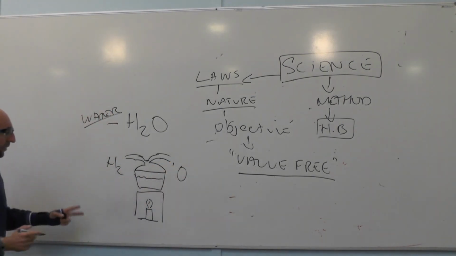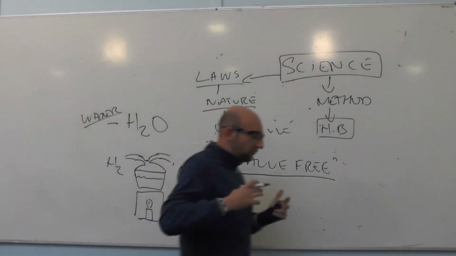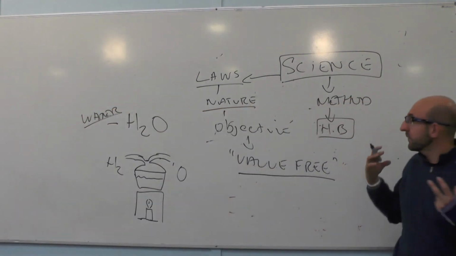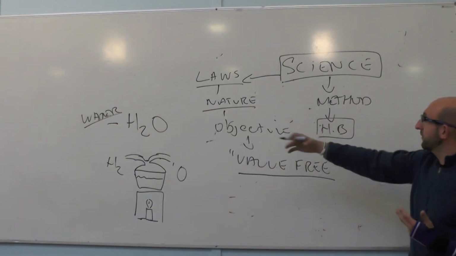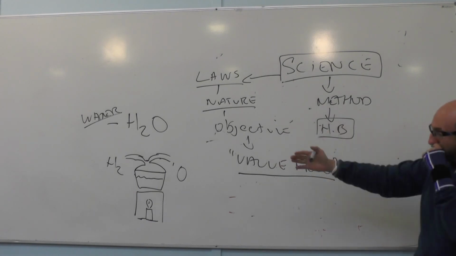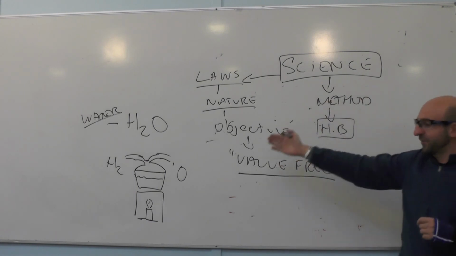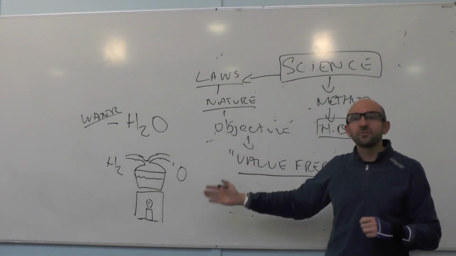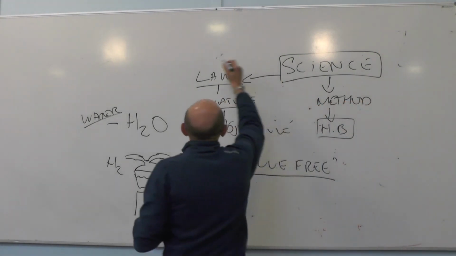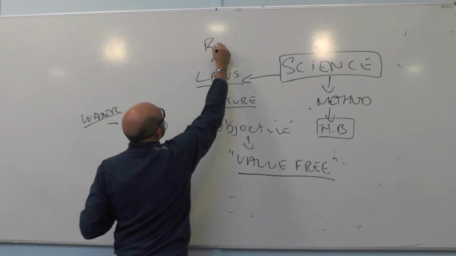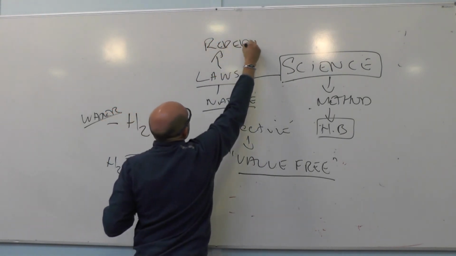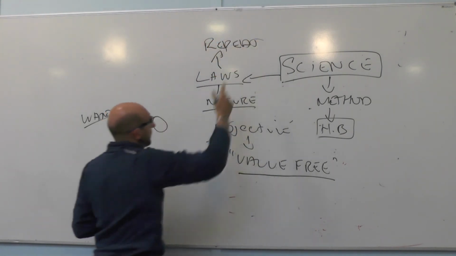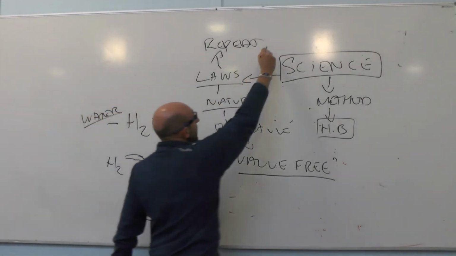So if we were to repeat this experiment, which is what I'm looking for in the scientific method, we would get the same result every single time. So when we repeat a scientific method, it means that we can replicate.